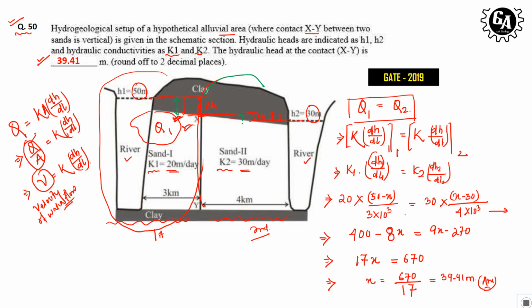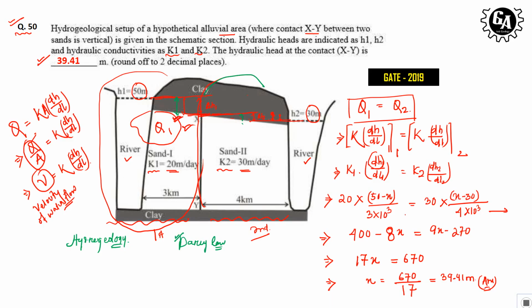And remember one thing, that in hydrogeology there is only one formula, that is Darcy's law. It basically tells that due to the pressure difference there will be a flow of water. And this is restricted to only laminar flow. This is not applicable for turbulent and mixed flows.